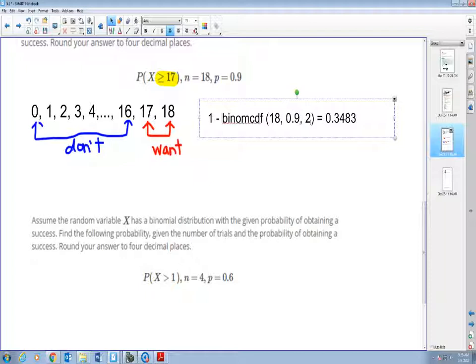The number of successes, what I want to add up is from 0 all the way up to 16, which is what I don't want, so I will subtract it from the 1. So here I will put 16. If you put 17 here, it will actually add up from 0 to 17 and then subtract it from 1, so that will just leave you with 18. So be careful, okay? This is the only part we can trip up on, is what number to put for the number of successes.